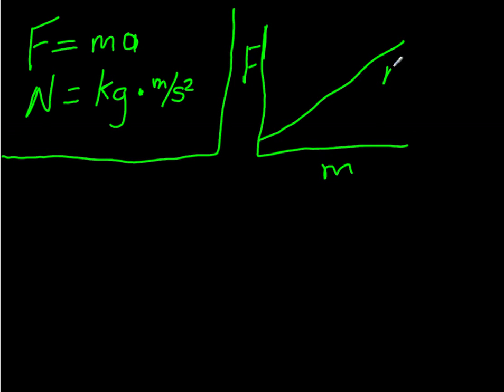When we calculate that slope as change in y over change in x, we rearrange that to be the y value, force, divided by the x value, mass. Looking at this rearranged equation, we find that the slope is the acceleration of the object.